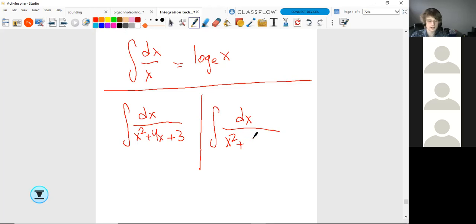X squared plus 14x plus 48. I guess these are factoring nicely because I'm making them factor nicely.